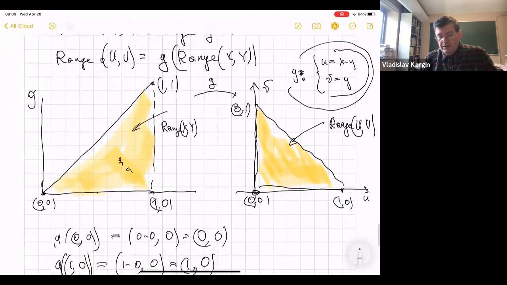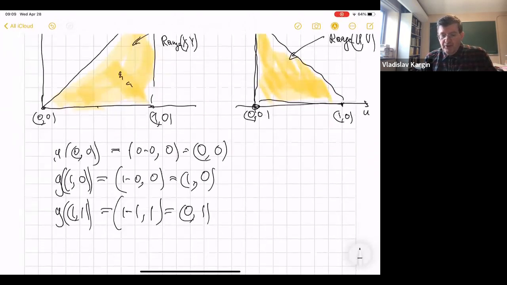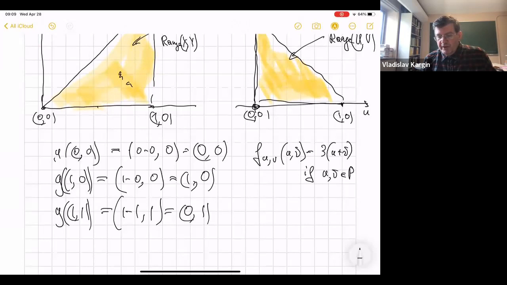So f of UV of (u, v) is equal to 3u plus v if (u, v) belongs to the range, and we can describe it by inequalities, but geometrically it's this triangle. It's 0 otherwise.